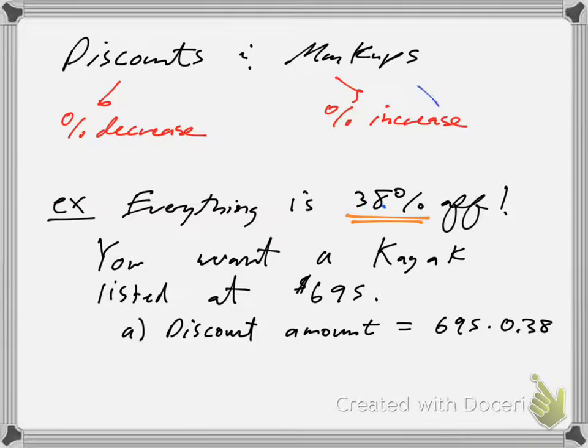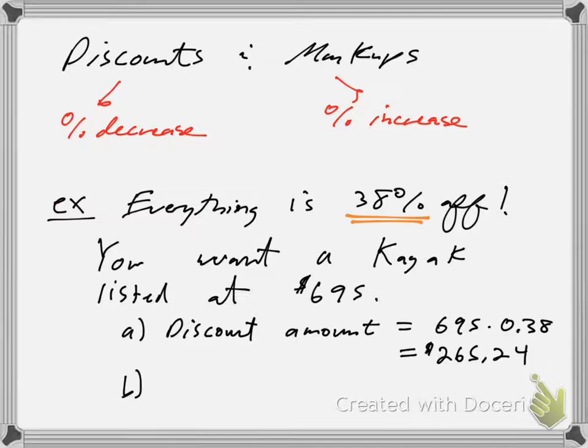Okay? So what does that come out to? I'm getting my calculator out. 695 times 0.38 equals 264.10. So it's a pretty big discount.